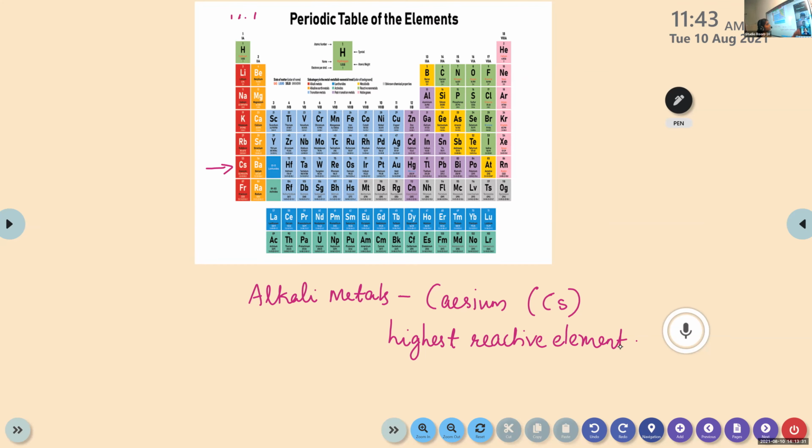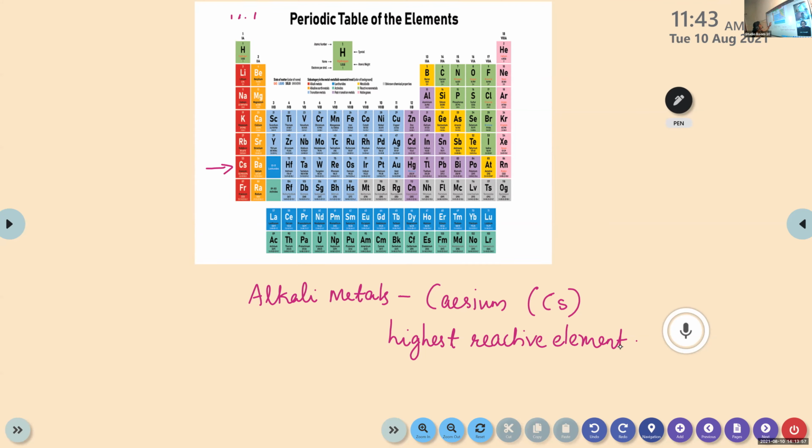Ma'am, can you say that again? Your voice is not audible. Ma'am, can you repeat? Yes. Among the alkali metals, that means the first group, the reactivity increases on moving down the group. That means the bottom portion has the most reactivity.